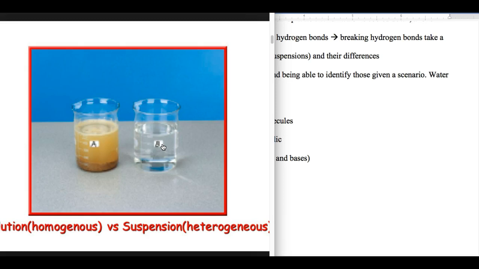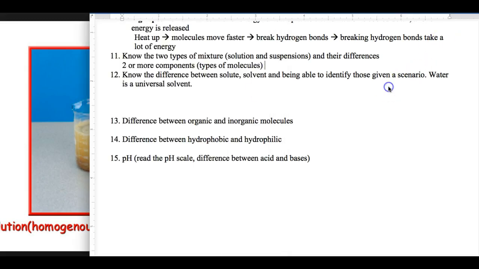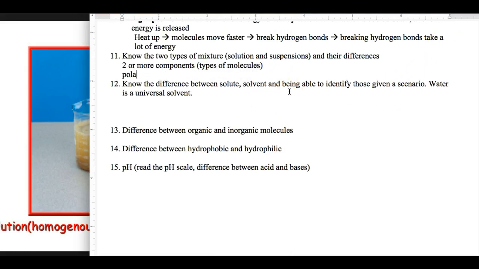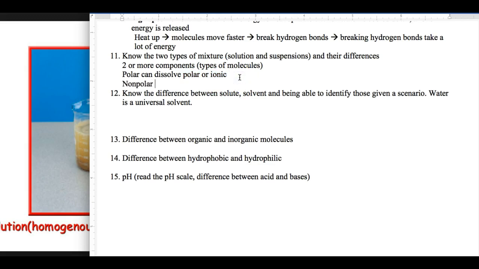Something polar, such as water, can dissolve polar or ionic molecules. Nonpolar dissolves nonpolar. There are vitamins that are nonpolar, and those can only be dissolved in fat and not in water in your body.